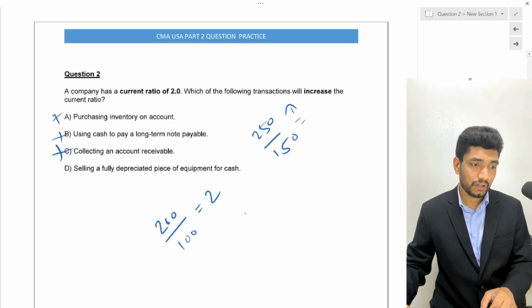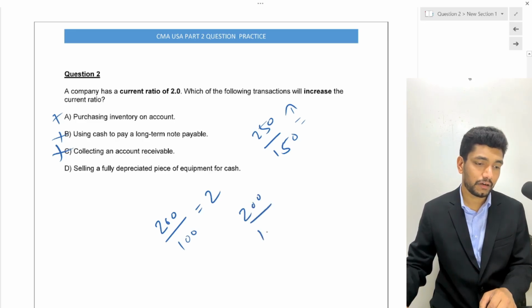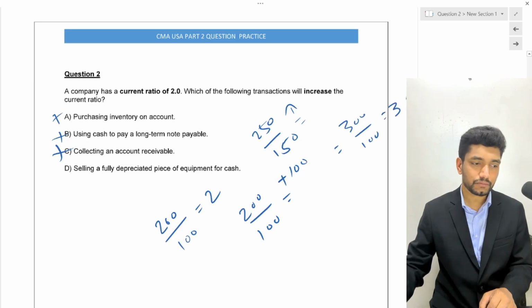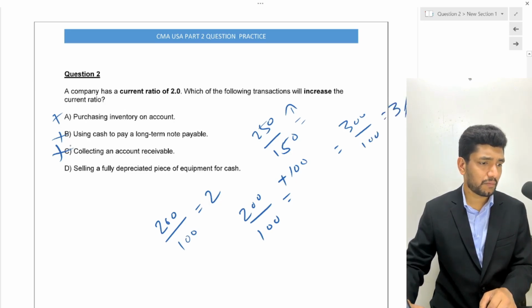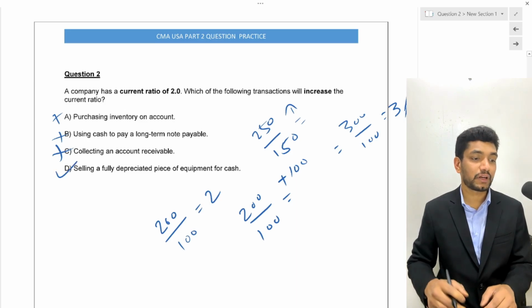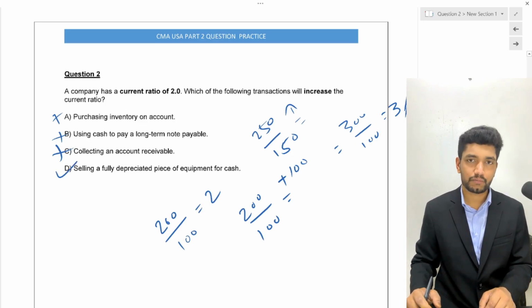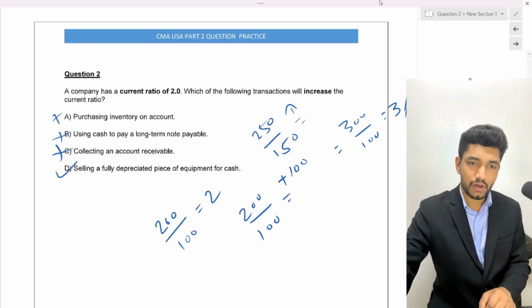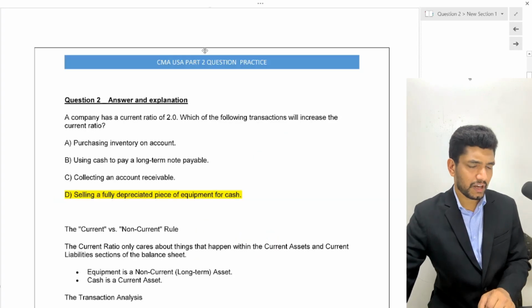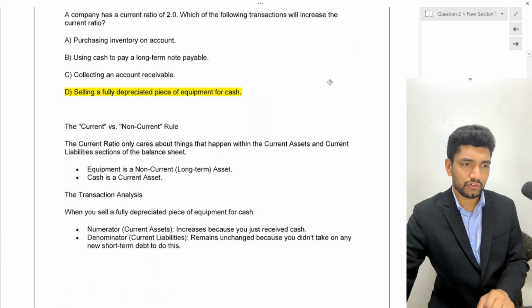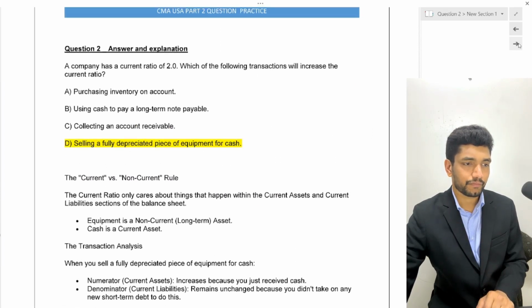Suppose the company sells it for 100,000, so 200 plus 100 is 300, divided by 100, that is 3. So in this example, option D is correct: selling a fully depreciated piece of equipment for cash. Here I have given the answer and explanation for this. You can go through this.